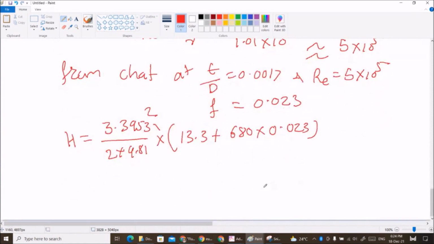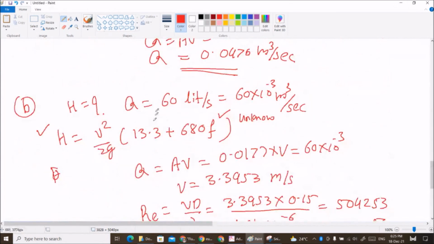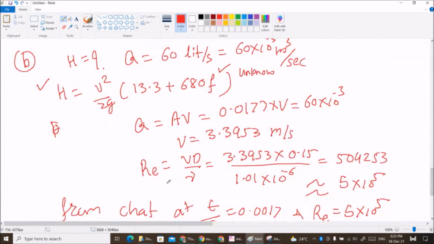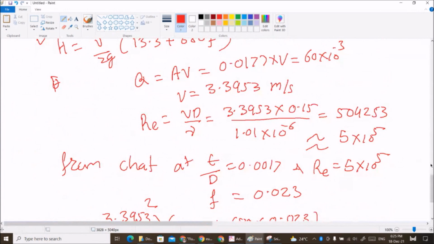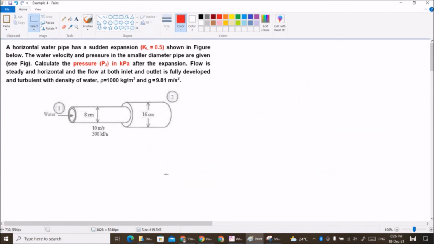So the answer is H is equal to 17.004 meter. So this second assumption is very simple, because discharge is given, velocity is given. Okay, discharge is given, so we can find the Reynolds number, and from the chart we can find out F. This is a simple problem.